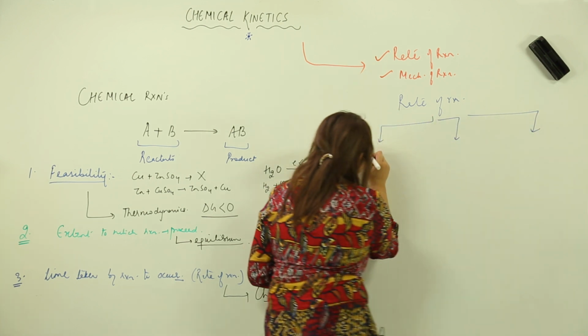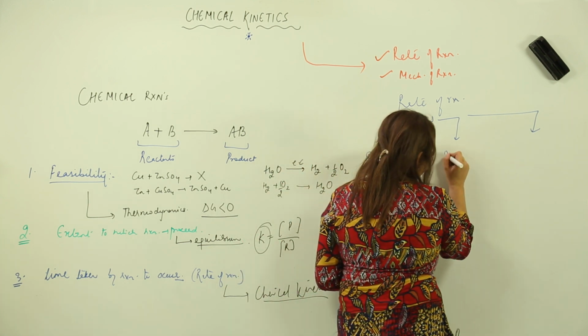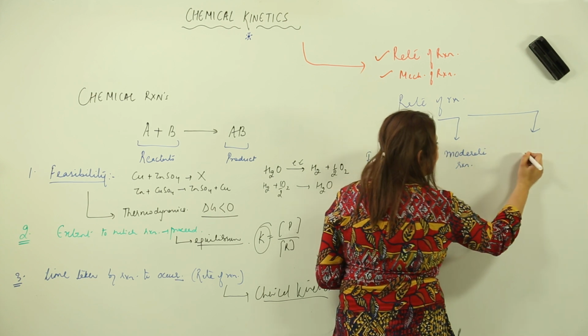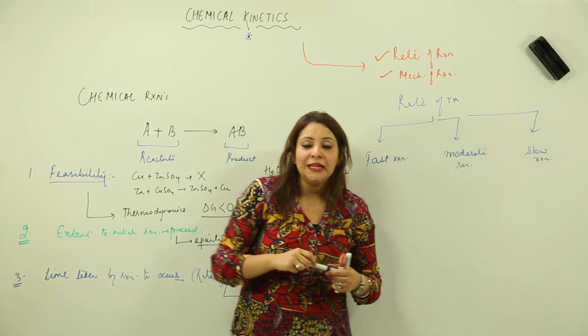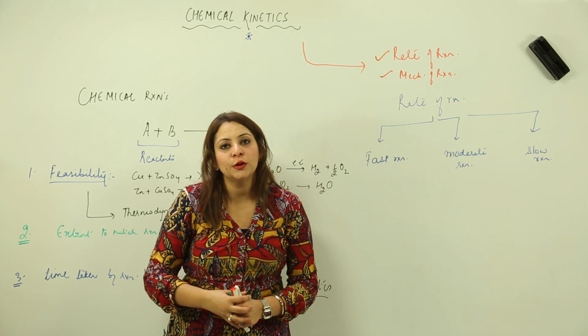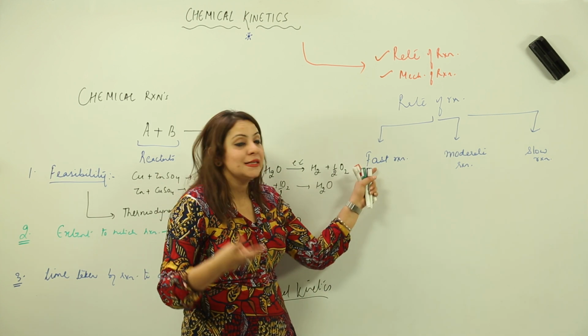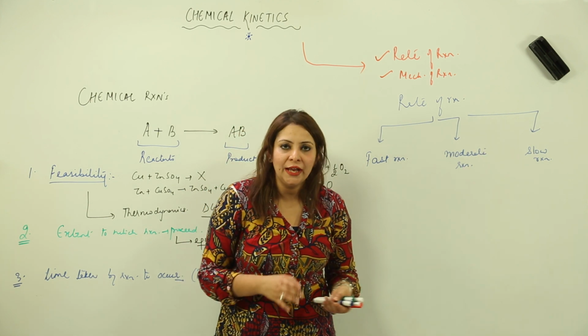We have fast reactions, moderate reactions, and slow reactions. So depending upon the speed at which the reactants convert into products, we have 3 major kinds of reaction: fast, moderate, and slow.